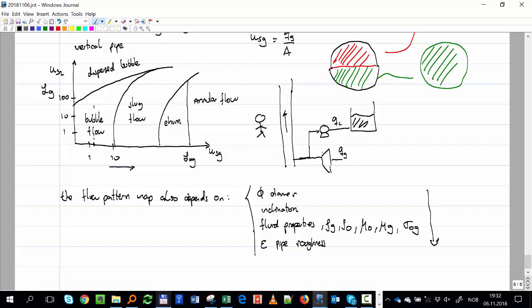So before we continue a bit more on the maps, what affects which flow pattern I have? Let's make a short exercise.